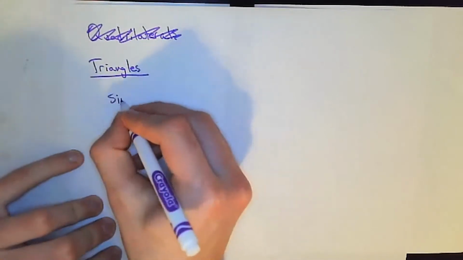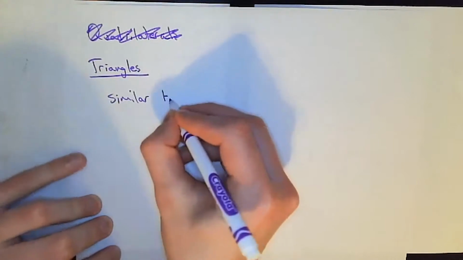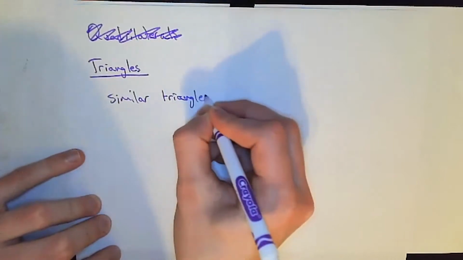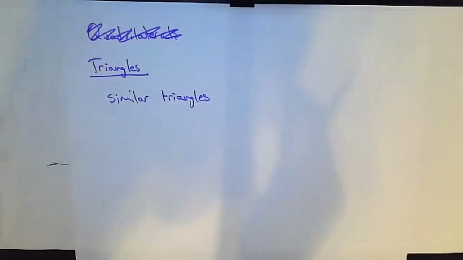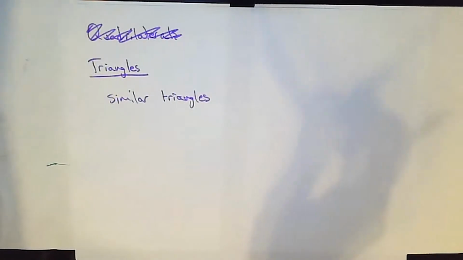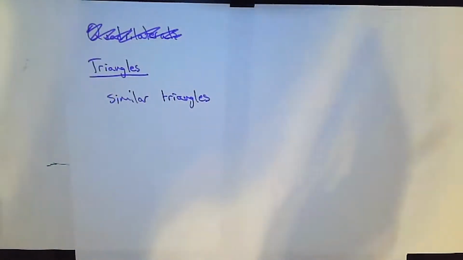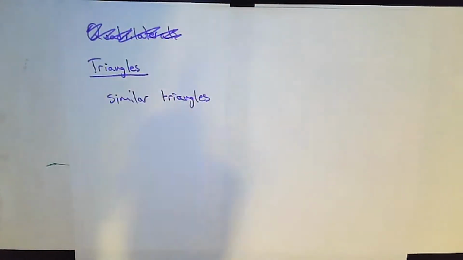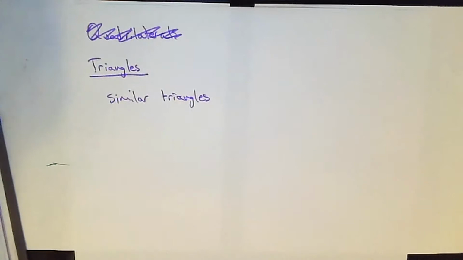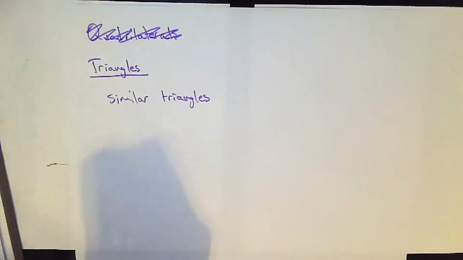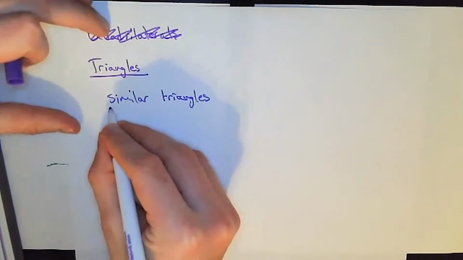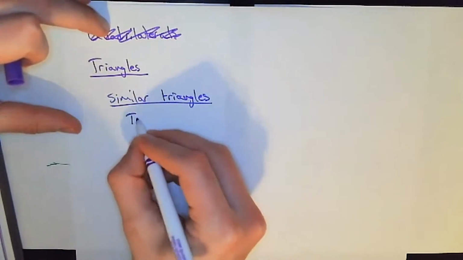And let's talk about similar triangles because that tends to come up a lot. We're not really going to worry about classifying triangles into acute, obtuse, right, scalene, isosceles, equilateral, equiangular, all that good stuff. We're going to look at how I can use some triangles to solve problems.